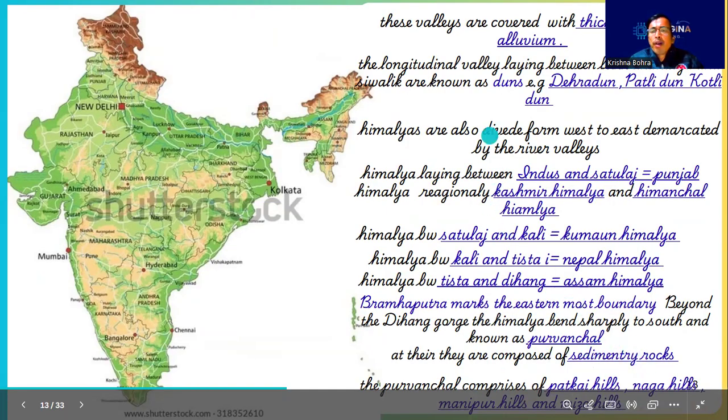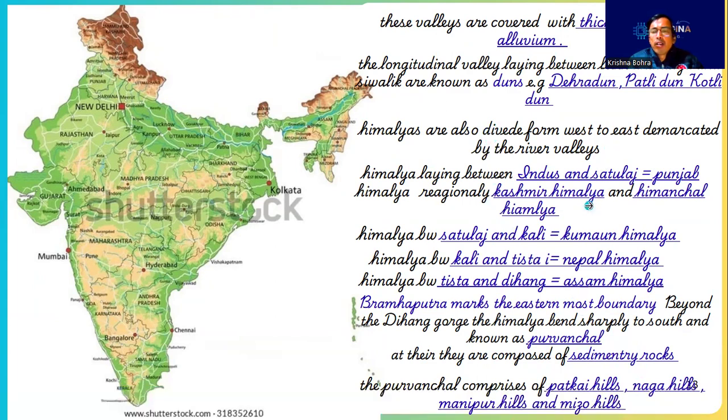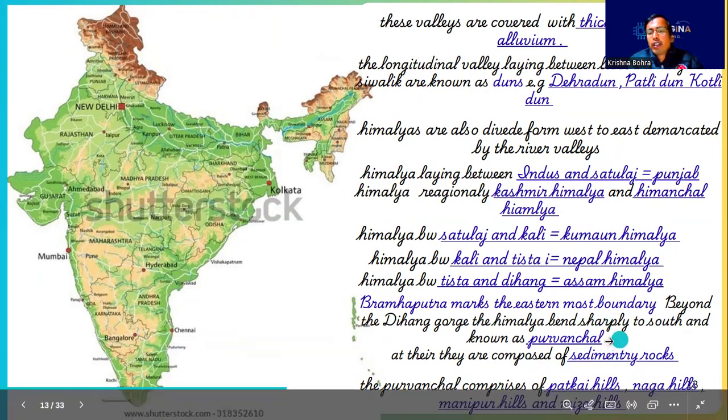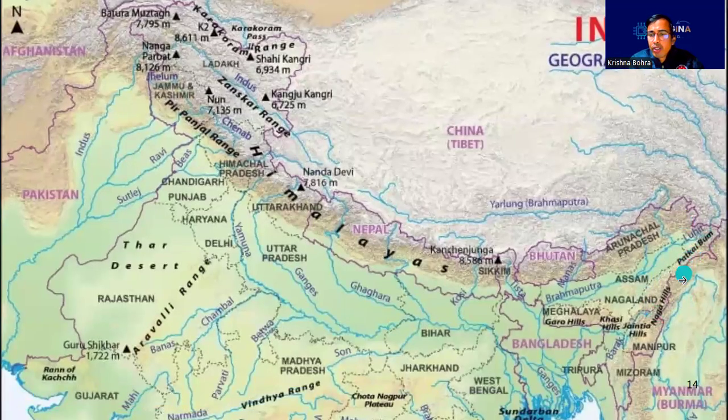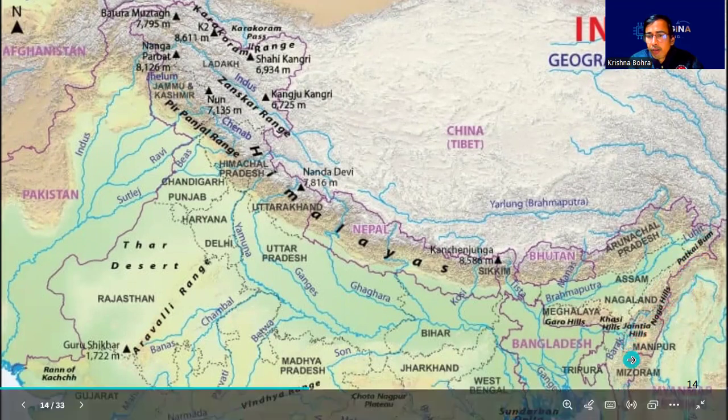The first rock formed after volcanic activity, when magma or lava cooled and solidified, is called igneous. And if these igneous rocks are brought by river to different places, subjected to some physical forces, and then settled in some particular part, it is called a sedimentary rock. The Purvanchal comprises Patkai Hills, Naga Hills, Manipur Hills. So the eastern Himalaya part is called Purvanchal, and it comprises Patkai Hills, Naga Hills, and Manipur Hills over there.